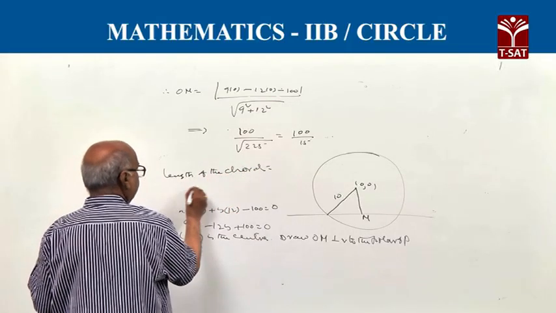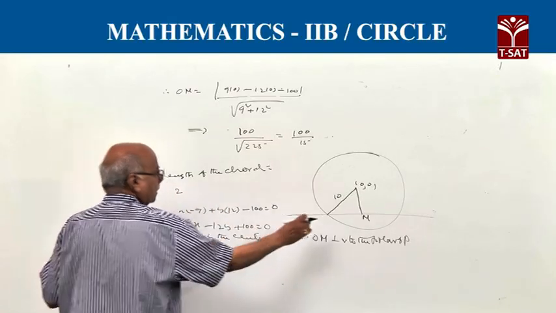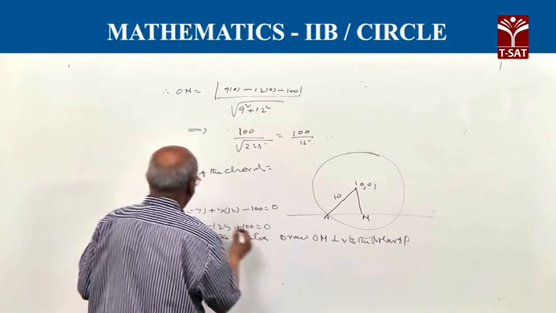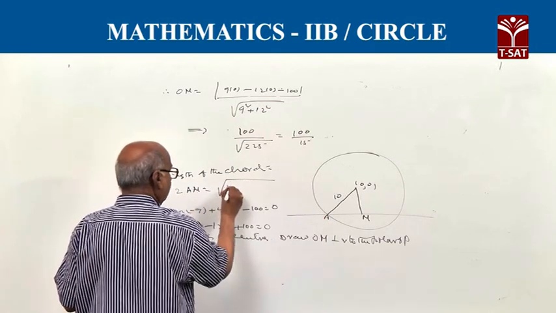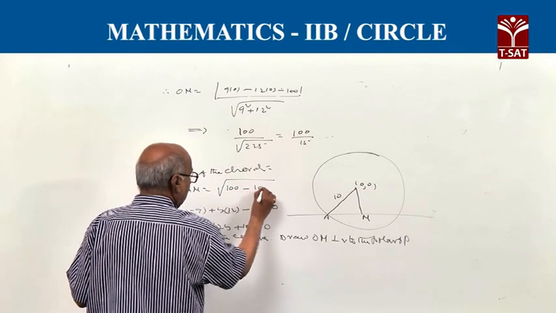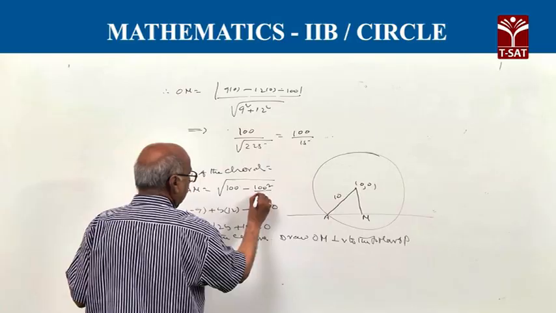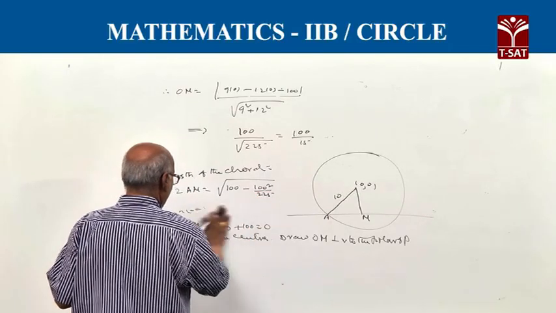Is equal to the length of the chord, twice AM, which is equal to 2 into the square root of 100 minus 100 squared by 225.